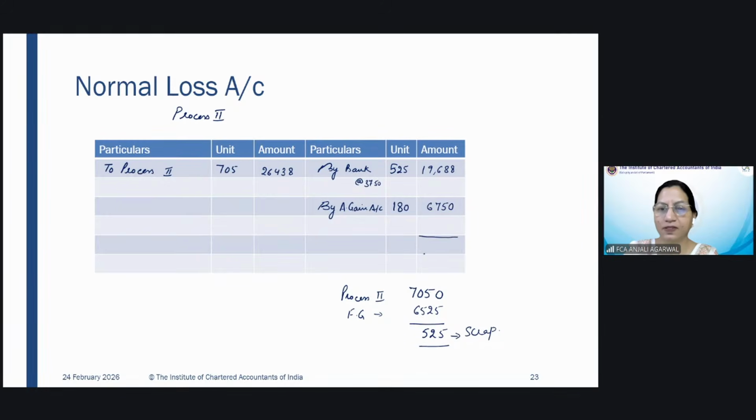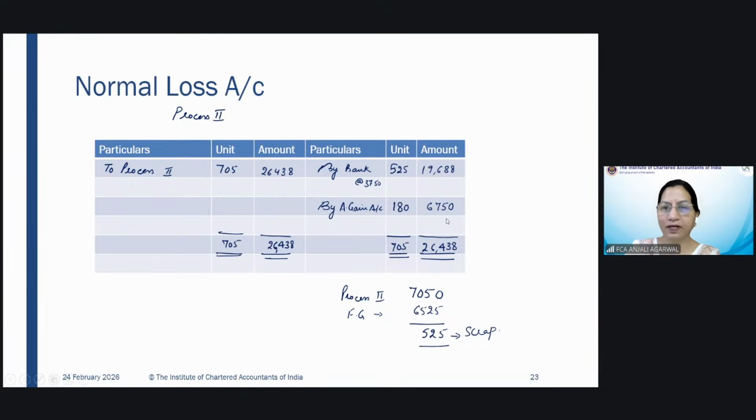So this is how the normal loss account will balance. 6750 plus 19,688 is 26,438, which is the total here. 705 units. And the units also: 525 are sold and 180 has become abnormal gain.